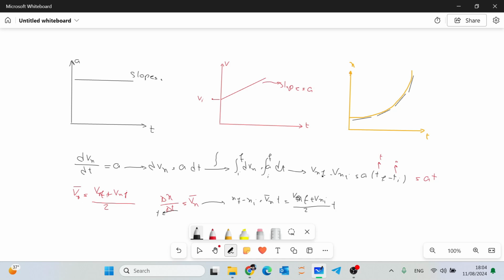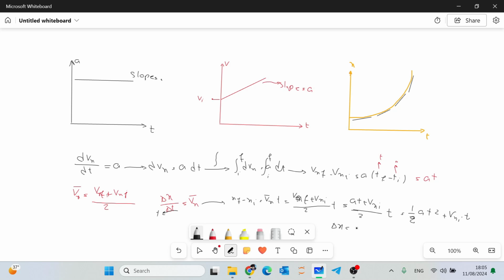Then if I substitute again vxf, it equals at plus vxi over 2 times t. It equals half of a times t squared plus vxi times t. So this is a good equation you should probably memorize.